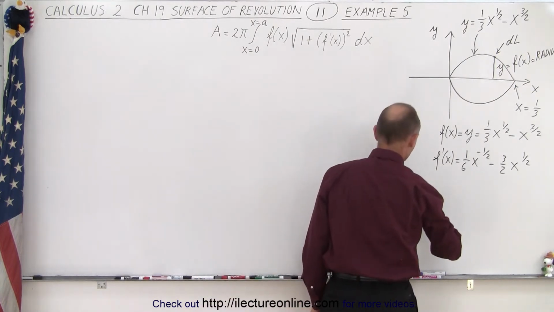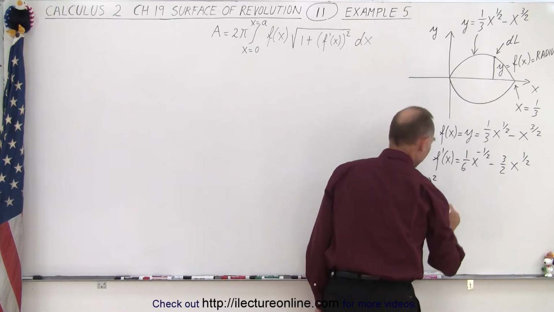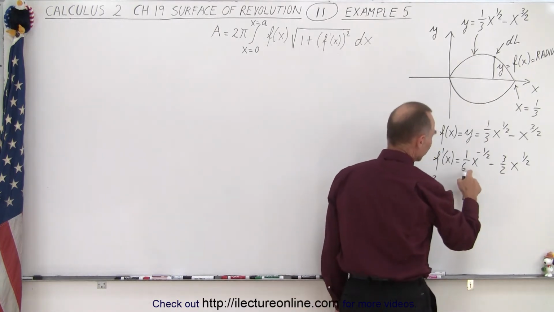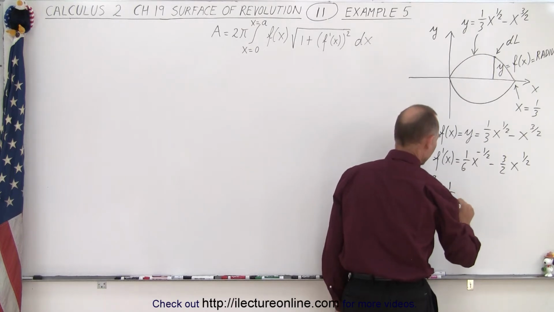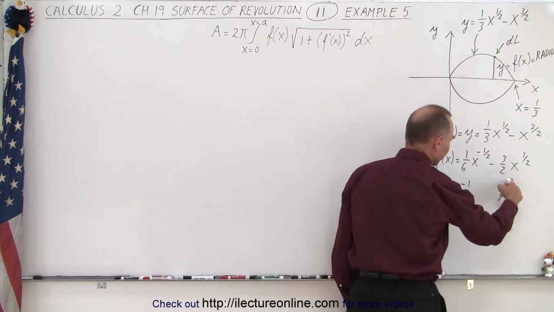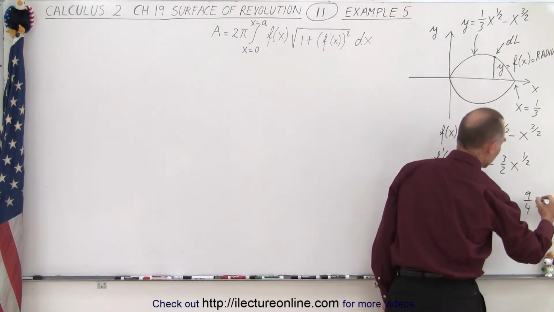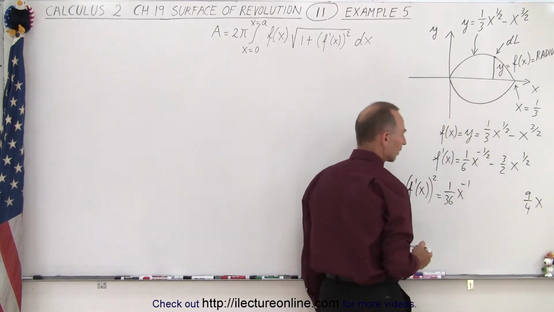So we have f prime of x, quantity squared, is equal to, taking the first one, this quantity squared, which is 1/36 x to the minus 1. The last term squared would be 9/4 x to the first power, x.